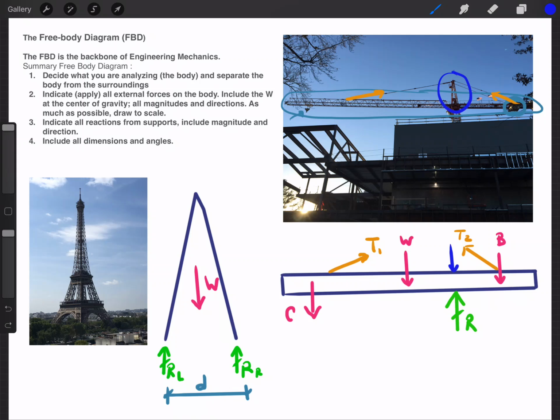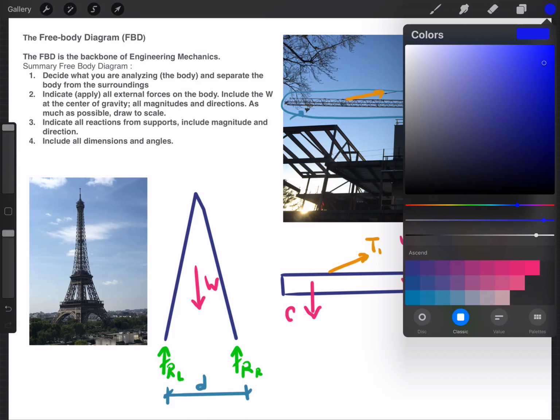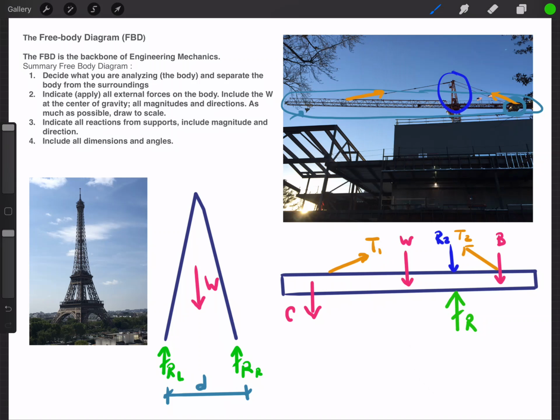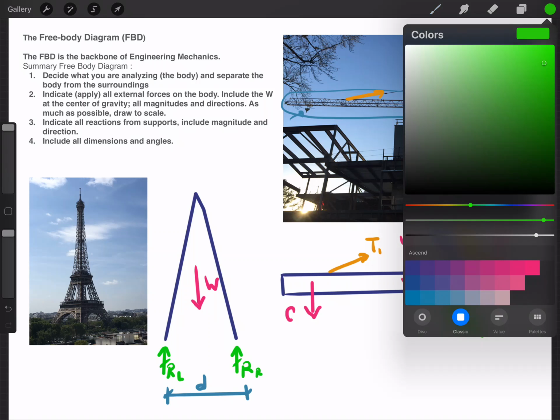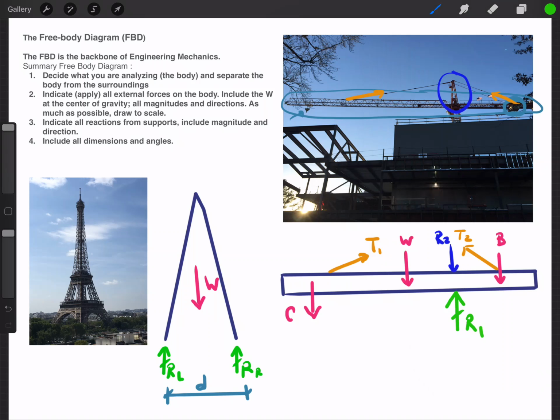I can only think of letters that have already been used, so I'm not sure. I hadn't planned to put that there, but I do think that it would be pushing down here. So we will just include this as R2. And we can have this one be R1. They'll be adding together to be the final reaction there.